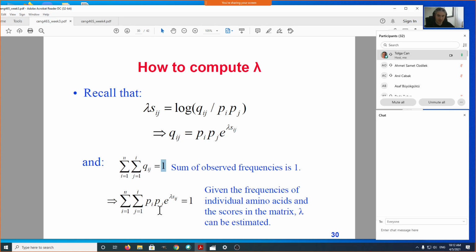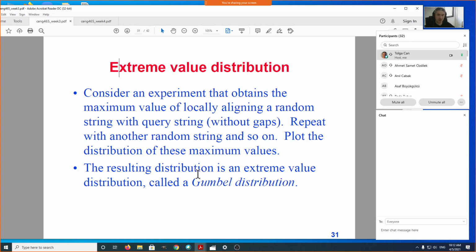We know the Pi and Pj, the individual amino acid frequencies in the table. Sij are the scores in our scoring table. The only unknown in this summation is lambda. We can solve this equation numerically to estimate lambda. It's a difficult formula to solve in one shot, but we can estimate lambda because that's the only unknown in this equation. All right, so this is how lambda is computed.